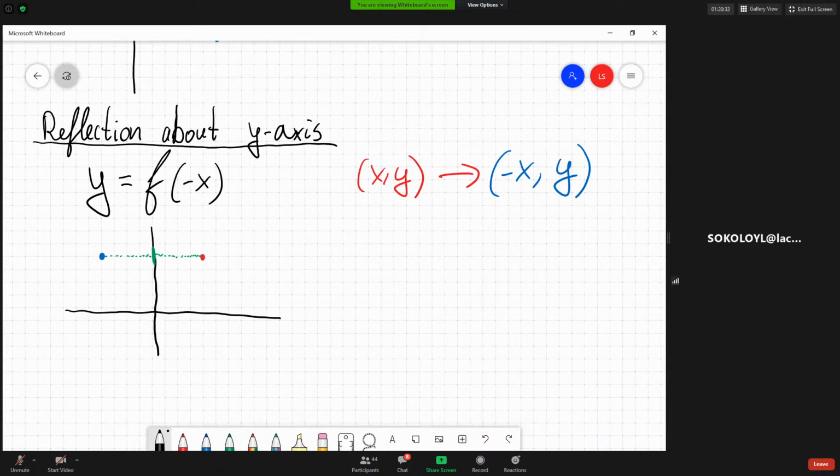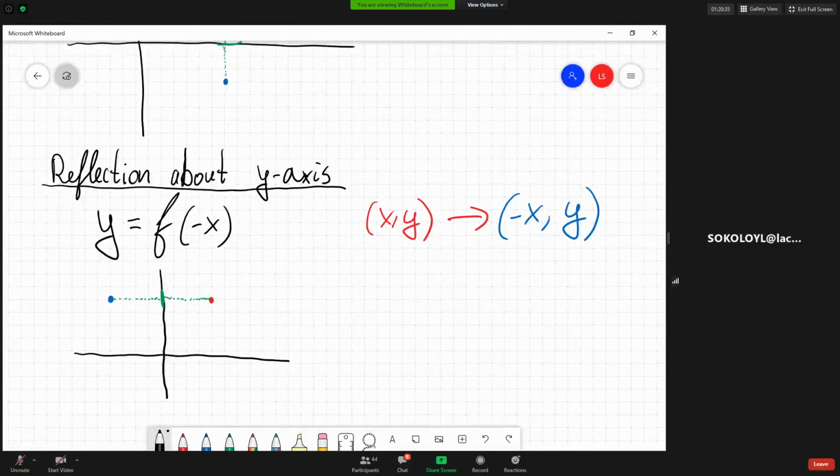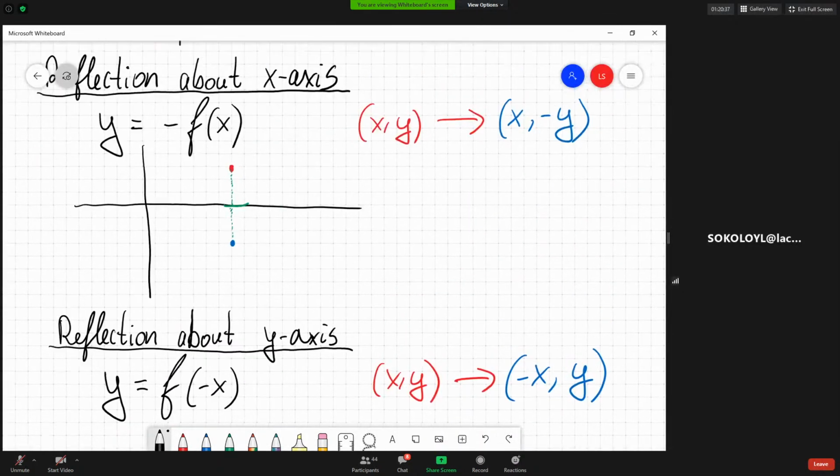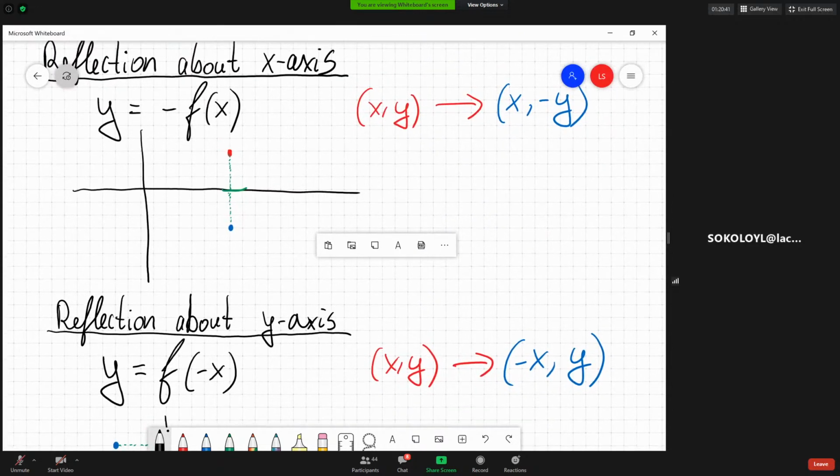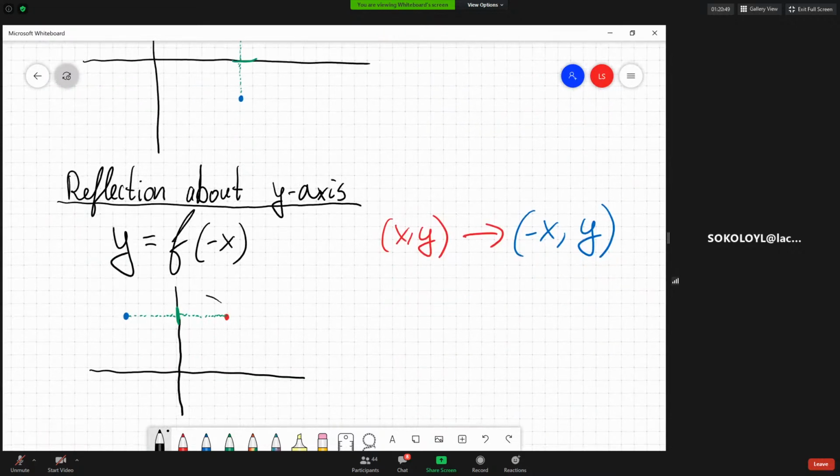No reflection about the origin in these two cases. So these are our reflections, and you can tell how this is outside, so this is up down, vertical movement. This is inside, so this is left right, horizontal movement.